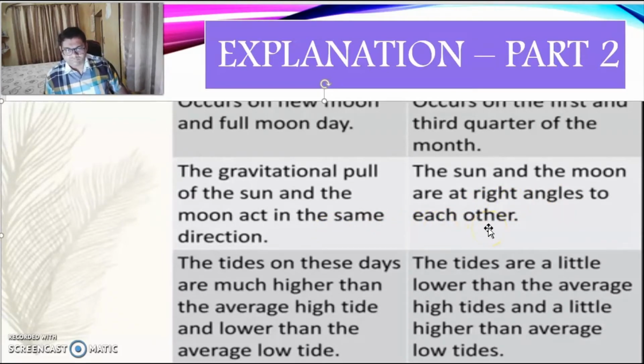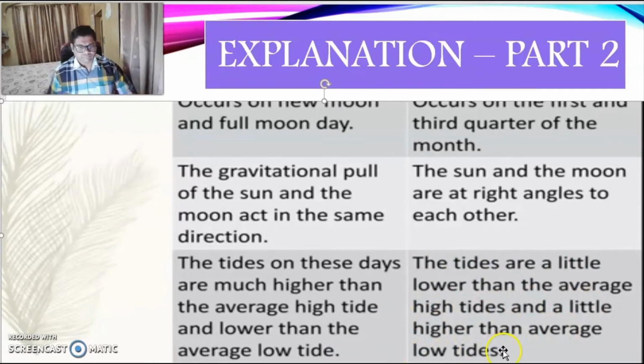What happens to the tides on spring tide during the full moon day and the new moon day? The tides on these days are much higher than the average high tide and lower than the average low tide. And on neap tide, the tides are a little lower than the average high tide and a little higher than the average low tide.